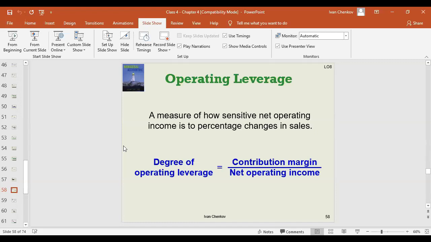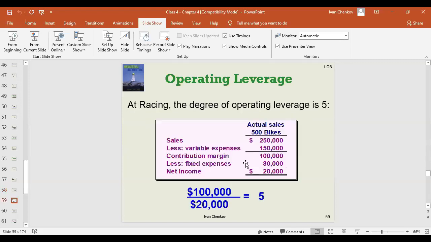We take the contribution margin divided by the net income, and we get a number. This is not a dollar amount, it's just a number. Let's say the company is selling 500 bikes, contribution margin is $100,000, and net income is 20,000. So the operating leverage is 5.